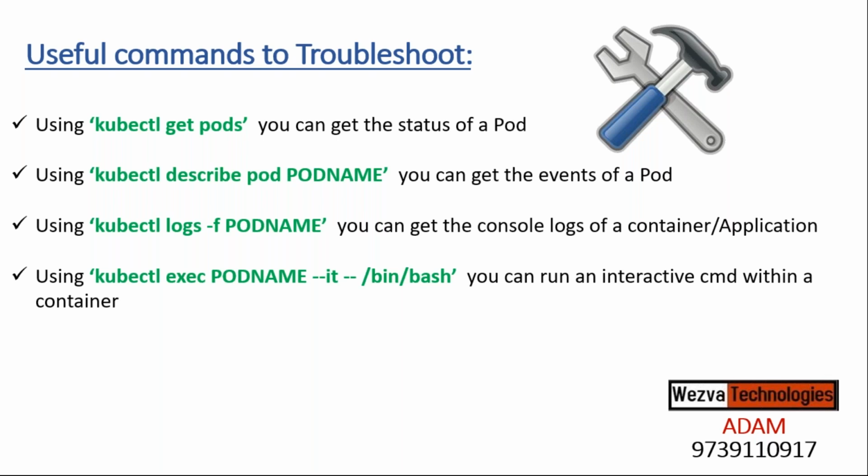Same way, if you want deeper details about what exactly is happening, then you can use another useful command, which is kubectl describe pod. So when you say kubectl describe, in addition to the pod phase, it also gives you a bunch of information about the events happening in your pod.